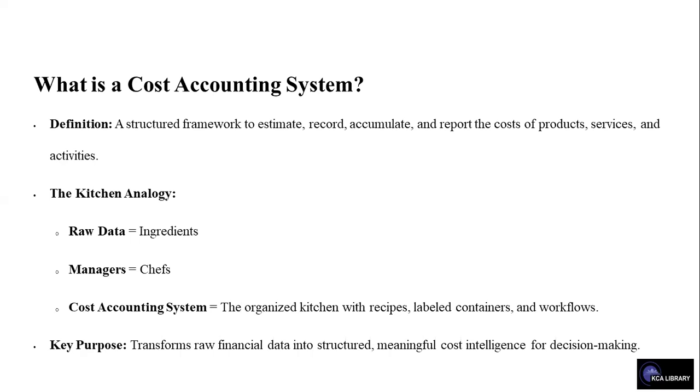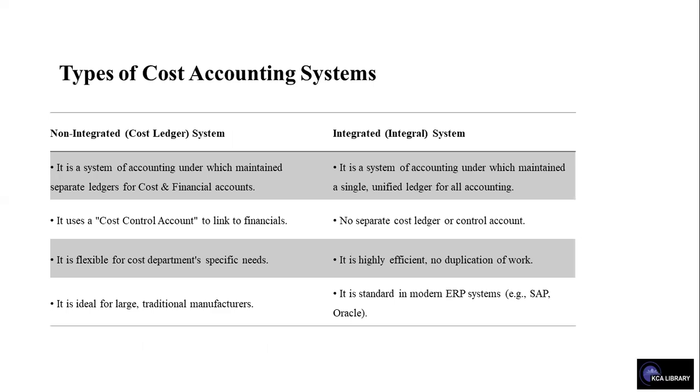The raw materials that organizations need are the ingredients, and the managers are the chef, while the cost accounting system is actually the organized kitchen with the recipes, labeled containers, and workflow. It encompasses all that is needed in an organization. The key purpose of this is to transform raw financial data into structured, meaningful cost intelligence for decision-making purposes.